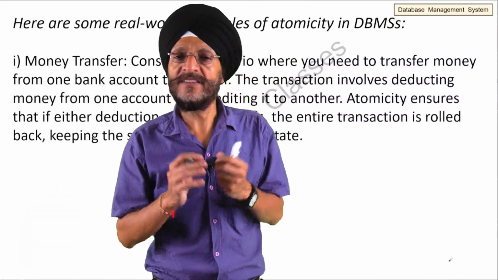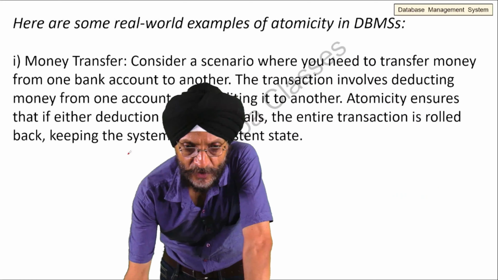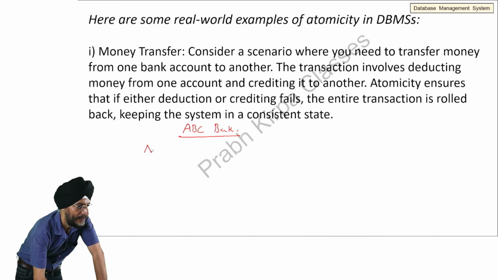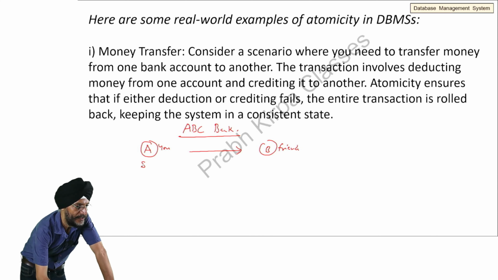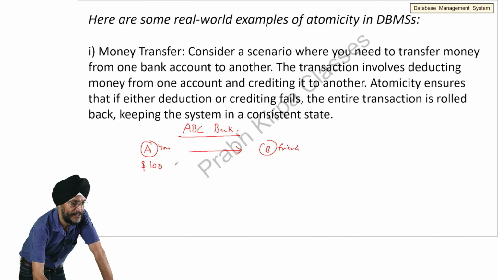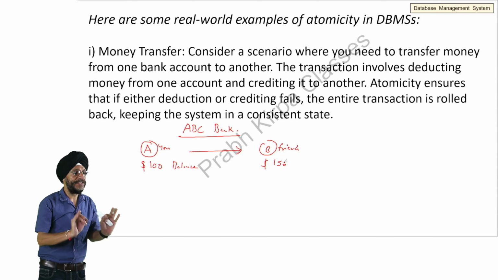Now we understand this concept of atomicity with the help of a few examples. Suppose you are having an account in ABC Bank. This is you, and you want to send money to your friend B. Suppose there are $100 present in your account. That is the balance which is at present in your account. Here, your friend is having $150 in his account.